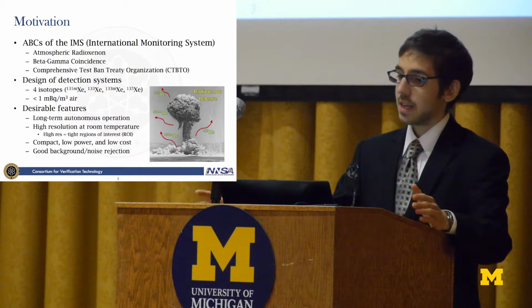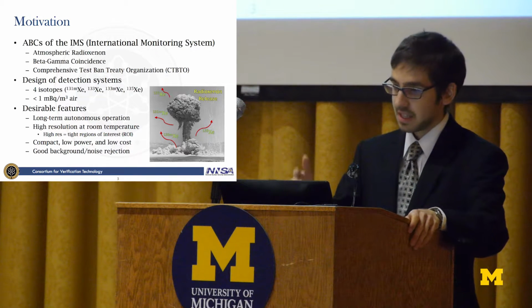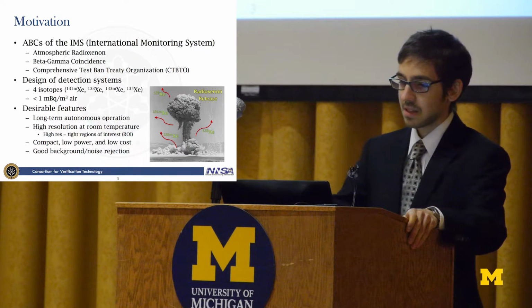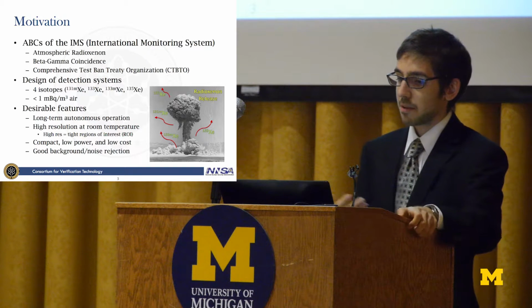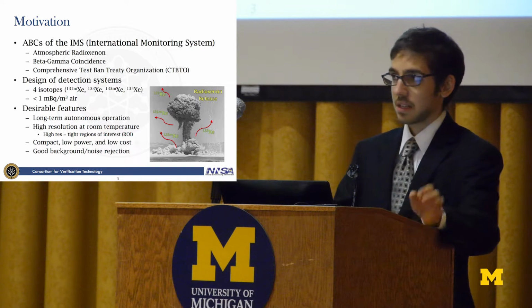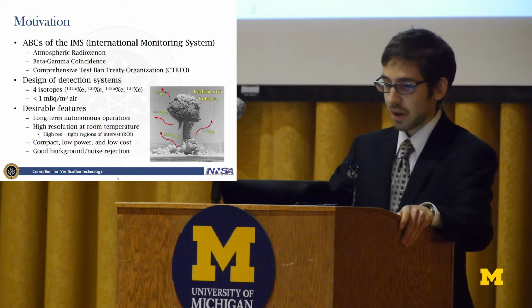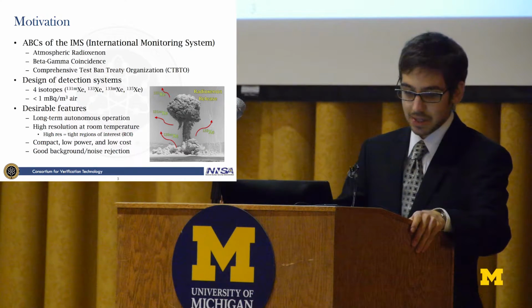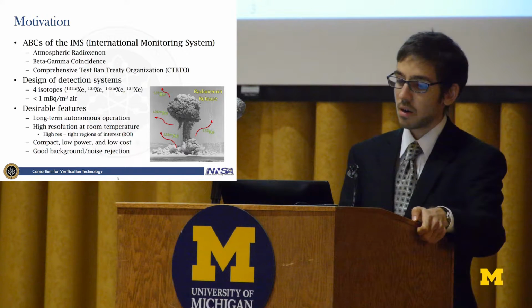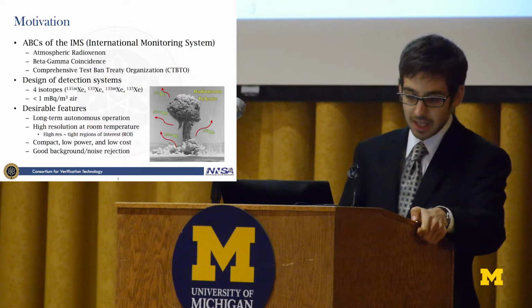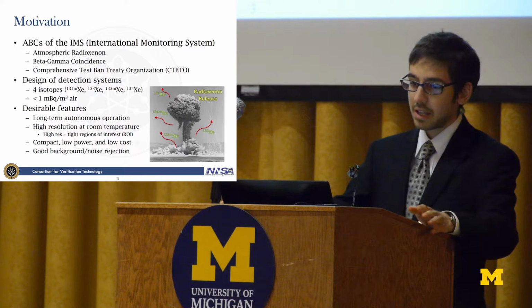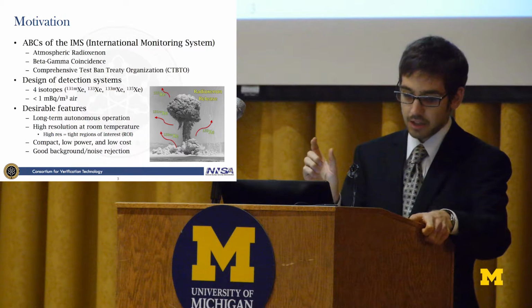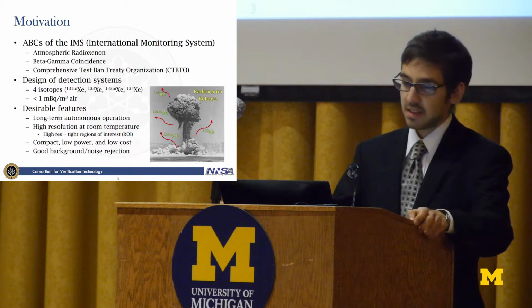So what do we want in a detection system that is in this international monitoring system? Well, we want it to be able to operate long-term and autonomously because these systems are placed all around the world. We want to have high resolution at room temperature because high resolution means tight ROIs, and ROI is a region of interest, and that's a range of electron and photon energies wherein we look for coincident events.